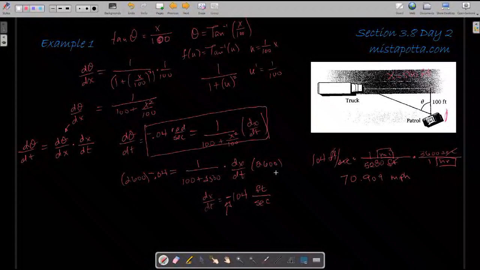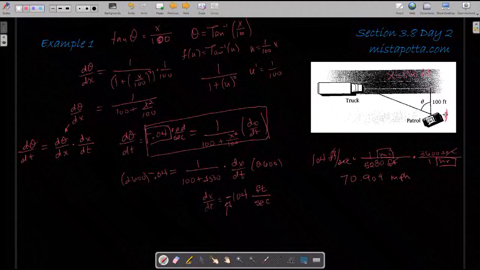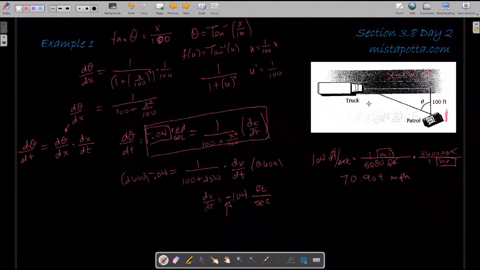So just by knowing this d theta dt, which can be read from a radar gun, and having a position from a line painted on a highway targeting another line painted on the highway, which is a known distance, say 500 feet, a police car with a properly calibrated gun can actually determine the speed of an oncoming vehicle.